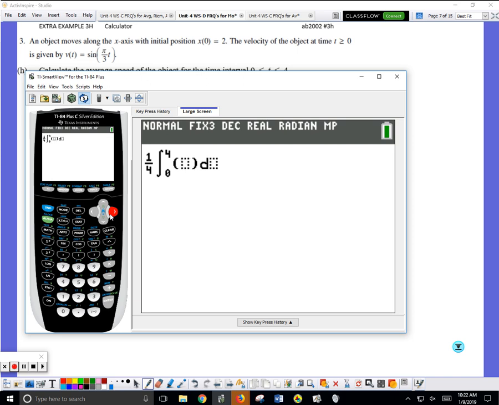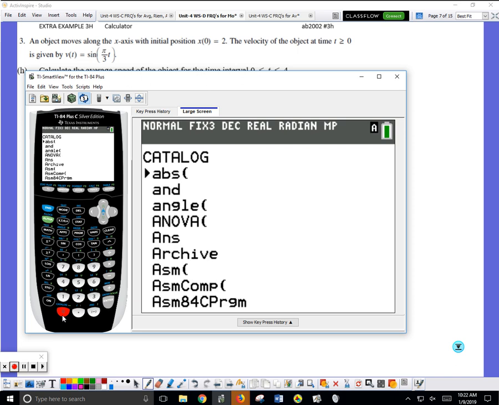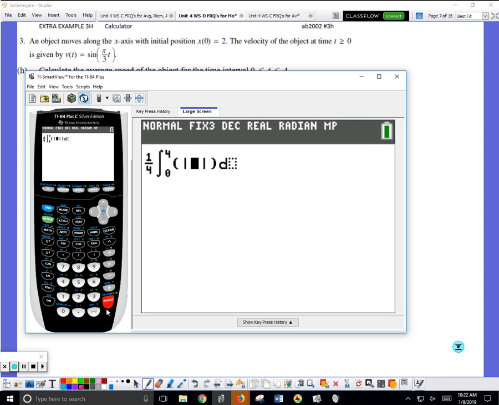My favorite way is to go to the catalog. The catalog is a list of all the functions. So go second, catalog. And because absolute value is spelled AB, it's the first one on the list. There are other ways. That to me is the fastest.